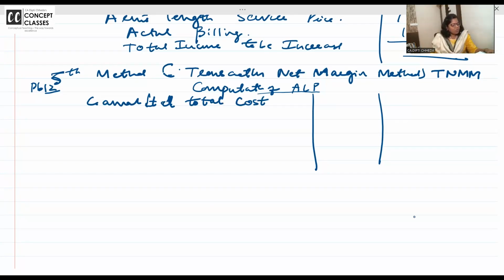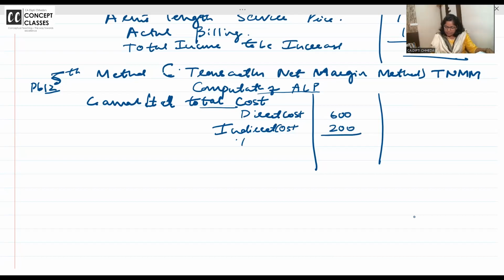Gamma Limited का total cost कितना है देखो. Direct cost है, indirect cost है. 600. Indirect cost है 200. Total cost 800.